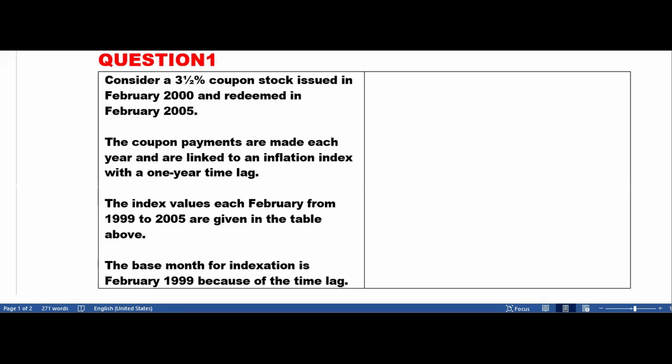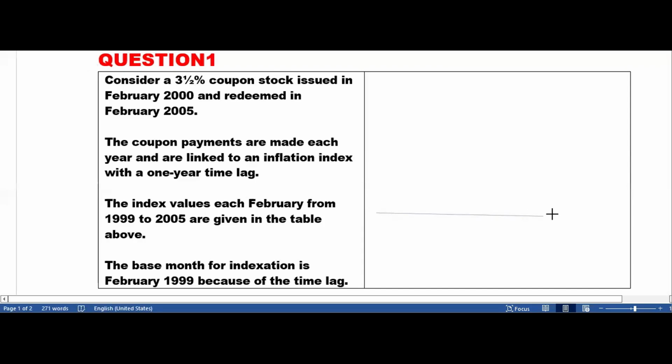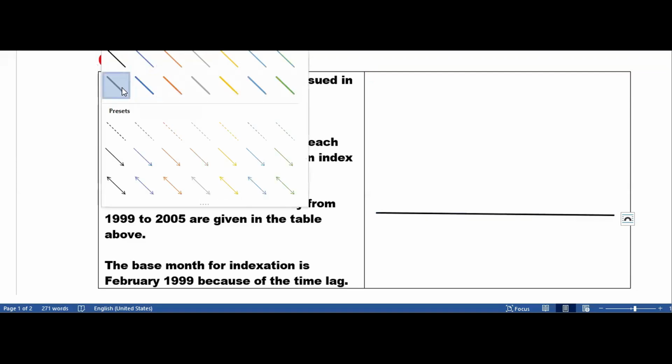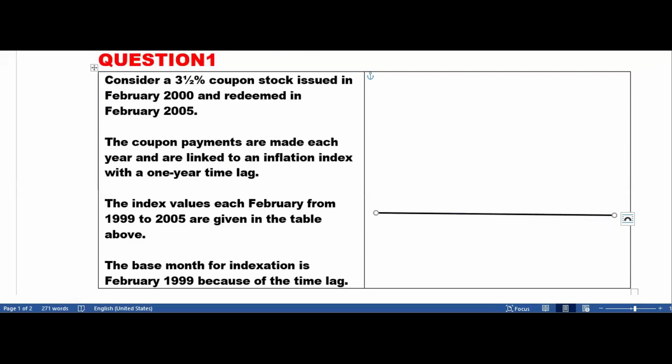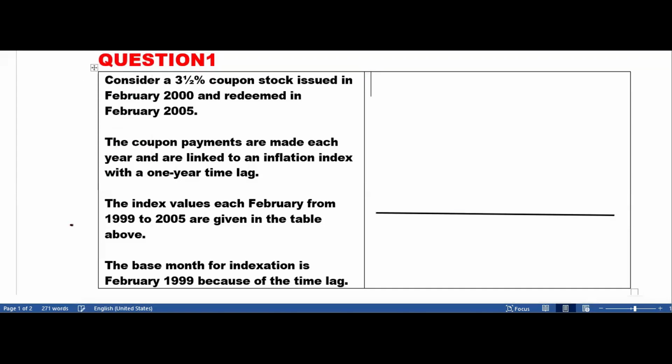So let me draw this line here. This is 0, 1, 2, 3, 4, 5.